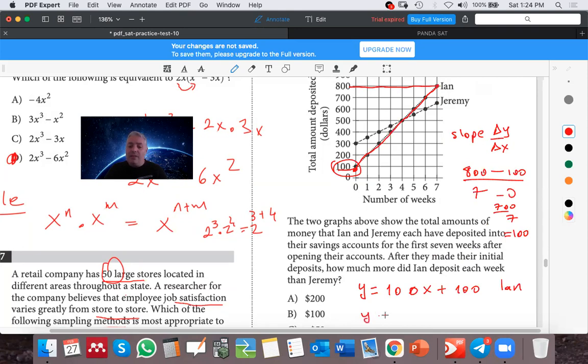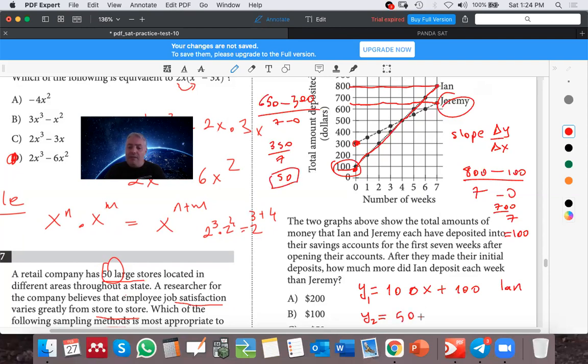For the second equation, for Jeremy, the slope will be approximately 650 minus, if I choose for example the initial 300, divided by time 7 minus time 0. Then 350 divided by 7 is equal to 50.